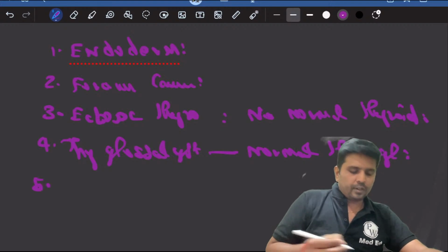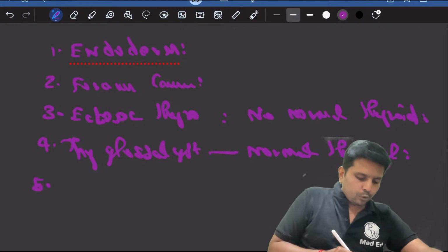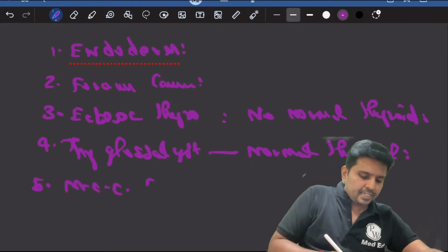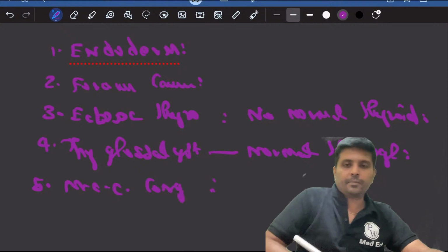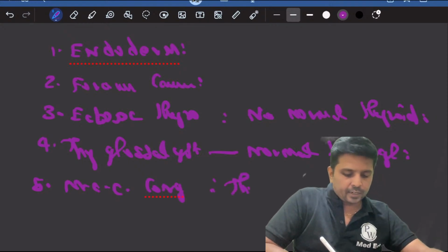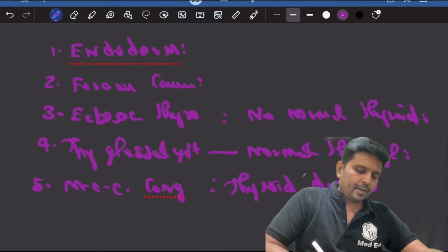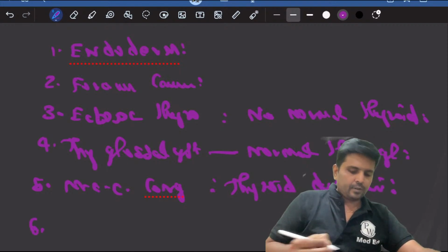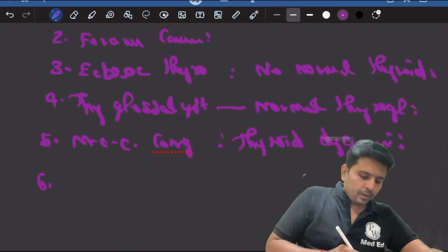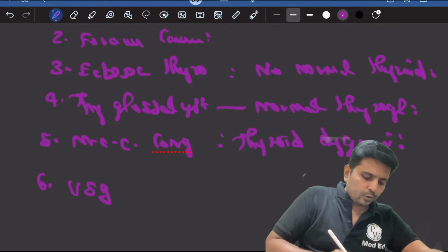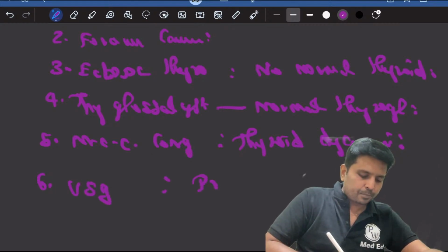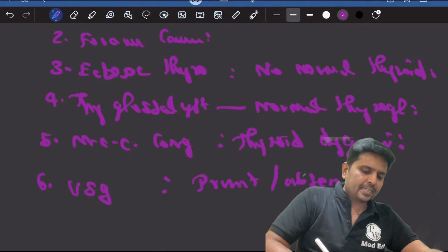Okay, four. Right. Then, the most common cause for congenital hypothyroidism is what? Thyroid dysgenesis. Right. Then, ultrasound will find out two things, whether it is present, absent, or it is in some ectopic area.